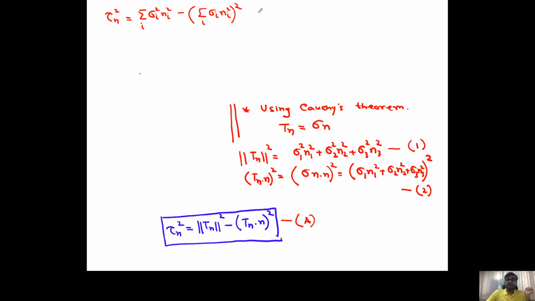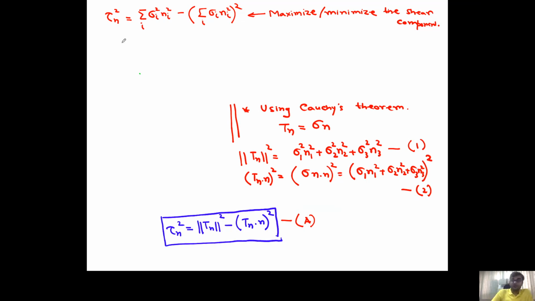And what is our objective? Maximize it or minimize it. So our objective is to either maximize or minimize the shear stress, the shear component, right? That is what our objective is. So we are going to do it as before, but remember that n1, n2, n3 are the direction cosines.